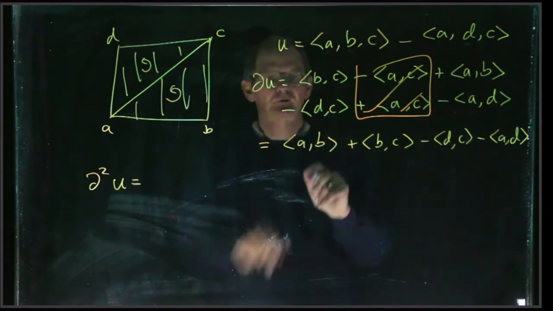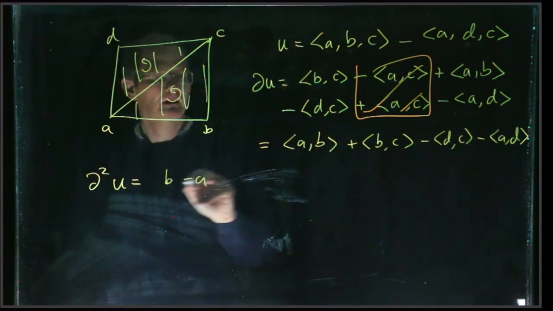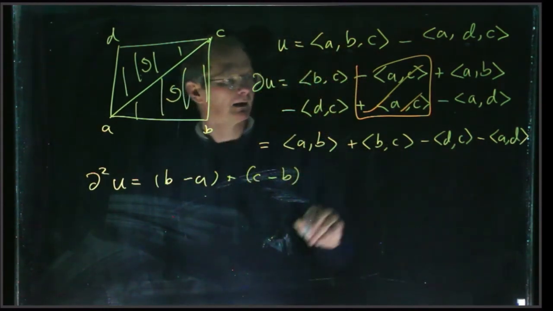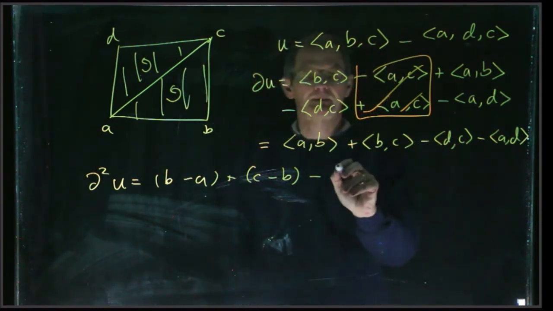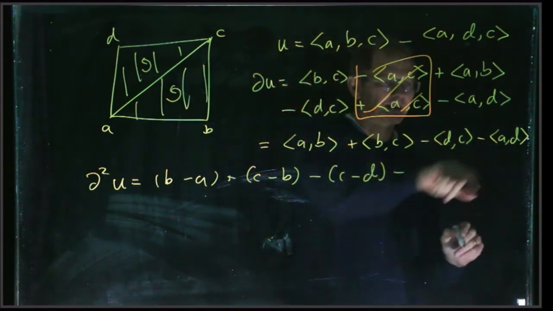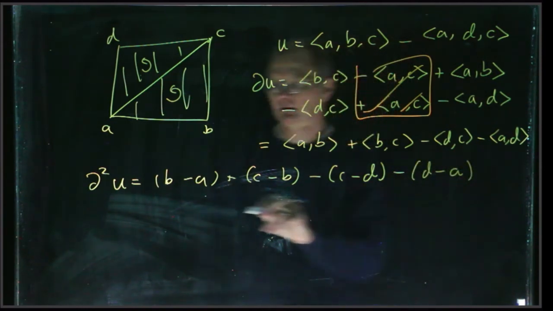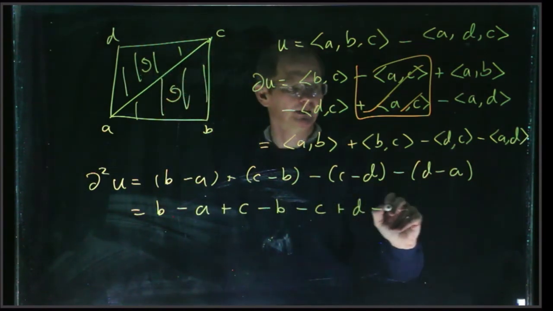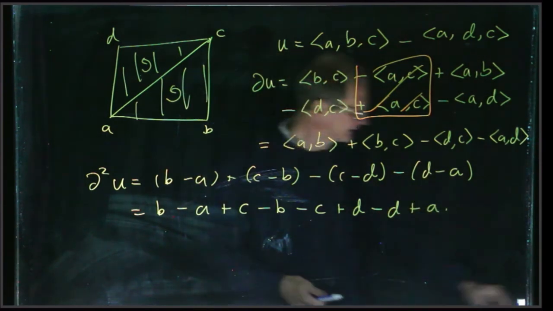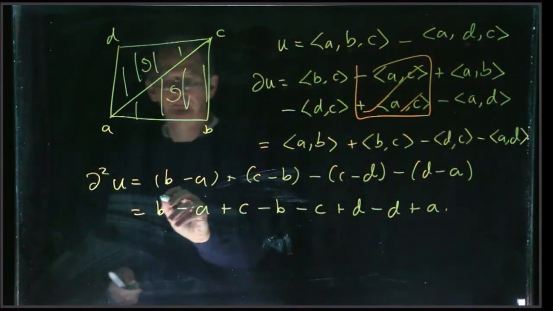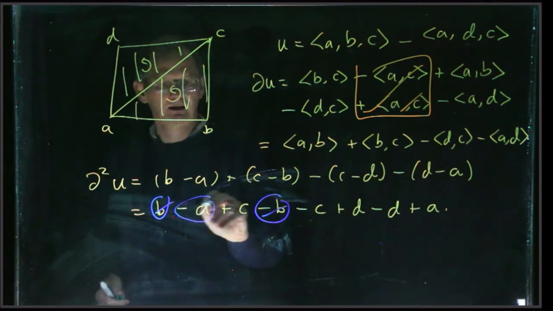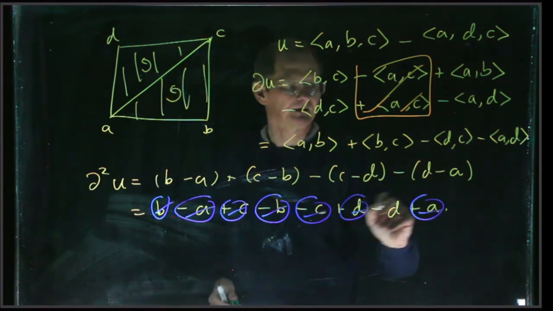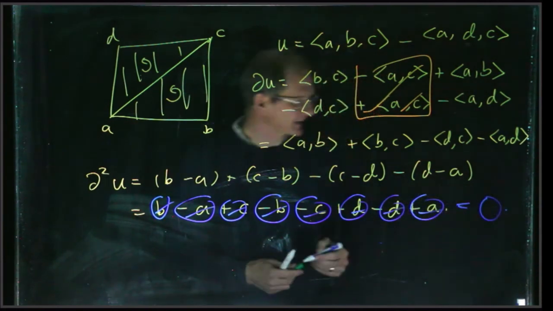The boundary of AB is B minus A. The boundary of BC is C minus B. Then minus the boundary of DC, which is C minus D. And then minus the boundary of AD, which is D minus A. So that's B minus A plus C minus B minus C plus D minus D plus A. This B cancels that minus B, minus A cancels plus A, plus C cancels minus C, and the D and the minus D cancel. So we just get 0.